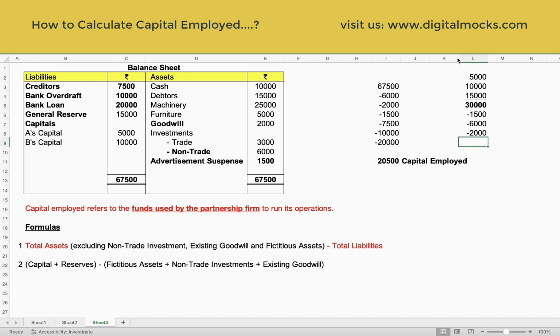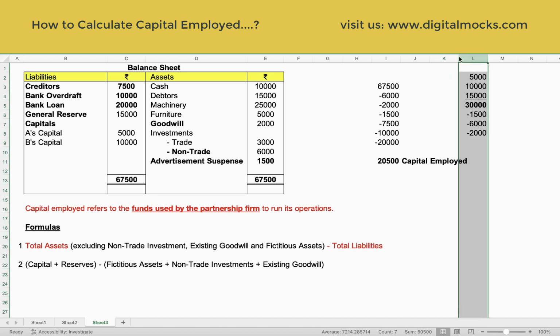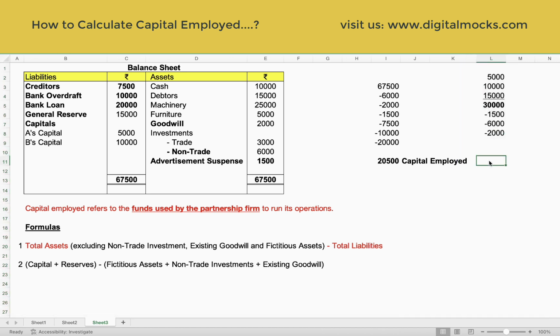So let's see how much capital employed we are going to get, right? So let me find out. Okay, this is the total of capital and reserves minus fictitious assets minus non-trade investment and minus existing goodwill. So we got the same amount, 20,500.